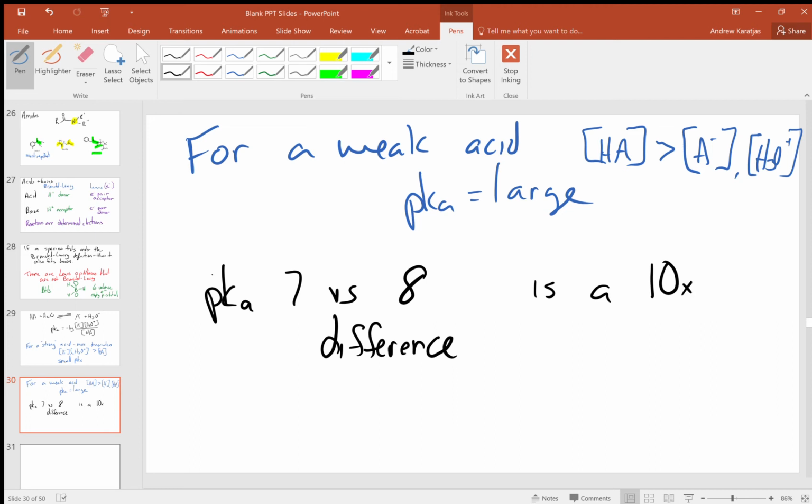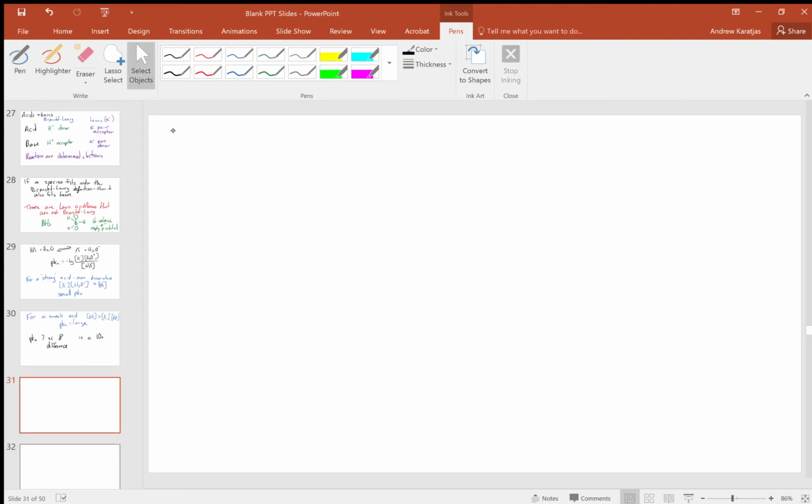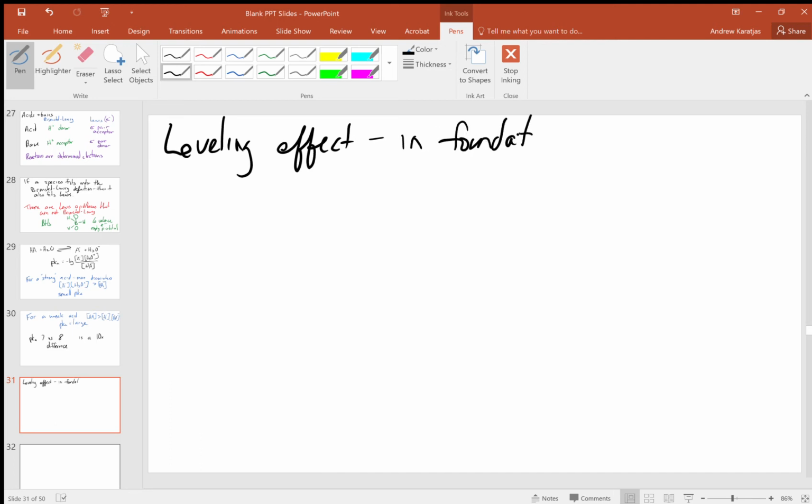It's also important for us to talk about something known as the leveling effect. And that's because you may recall in foundations or any type of general chemistry course you might have taken, we said that NaOH was a strong base.